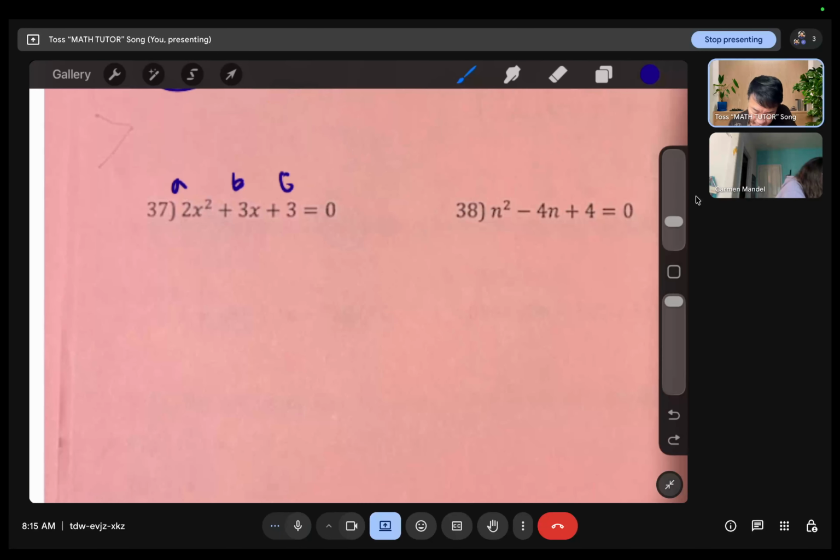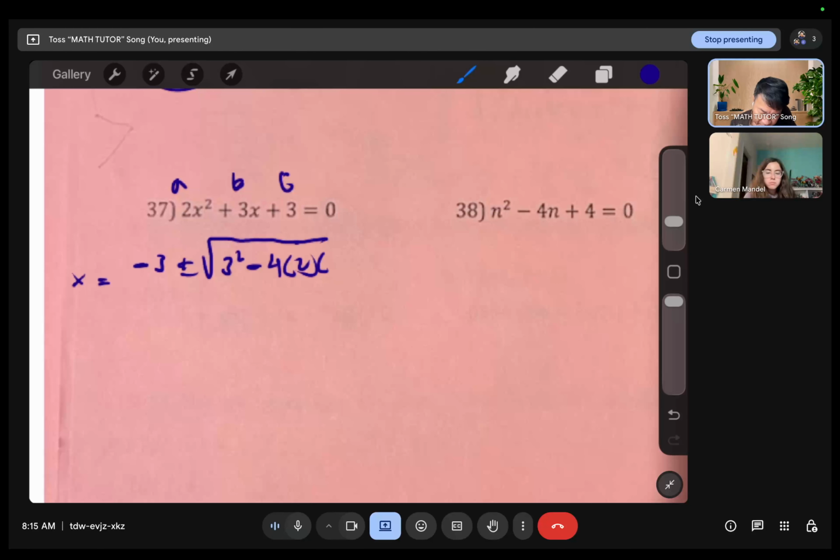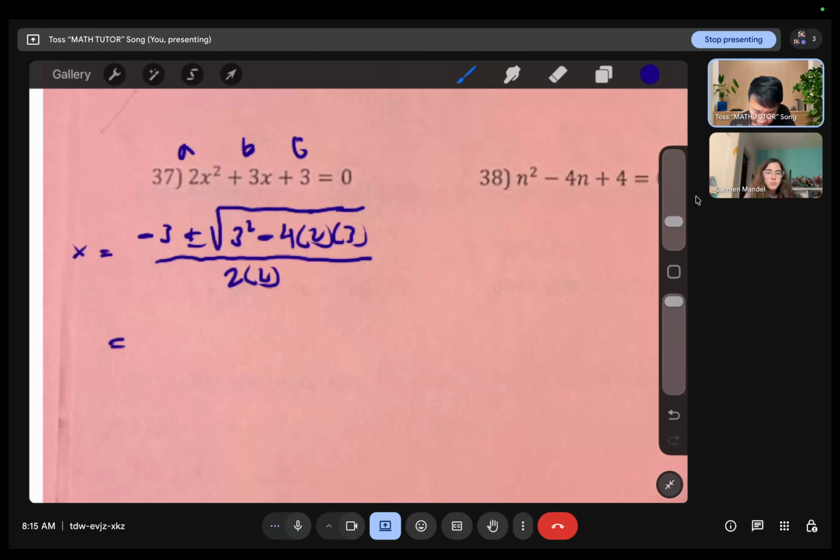Anyway, if you recall the formula, it's going to be negative B, which is negative 3, plus or minus the square root of B squared, which is 3 squared, minus 4 times A, 2, times C, 3, all over 2 times A, 2 times 2, right there. Double check my math there. It looks good.